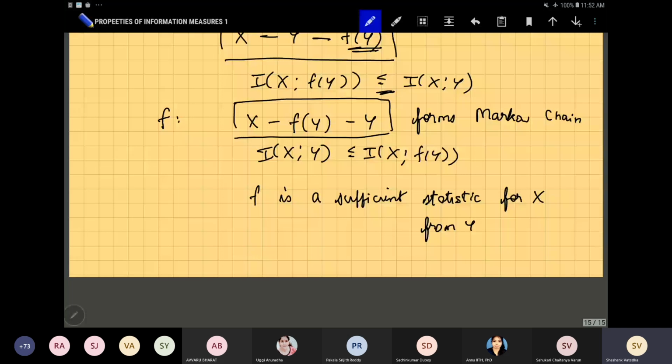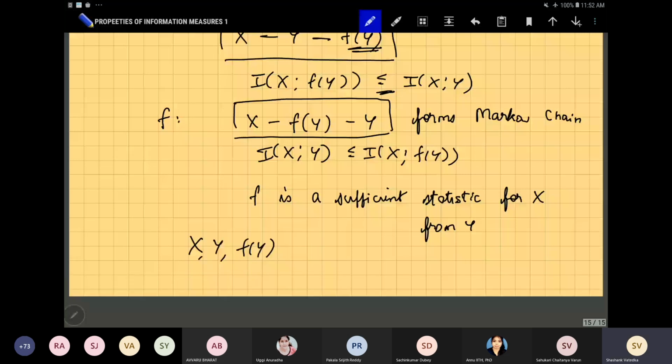We're just talking about the relationship between the joint. So basically you have three random variables, right? You have x, you have y, and you have f of y. Of course, f of y is obtained from y, that is always true.